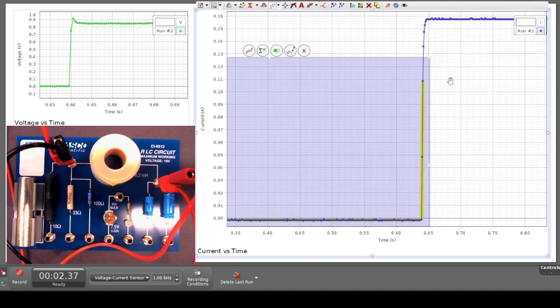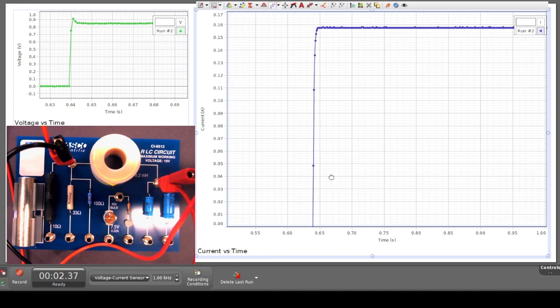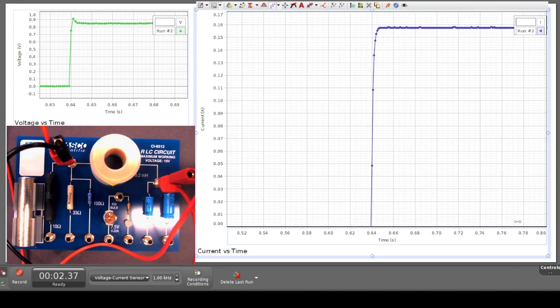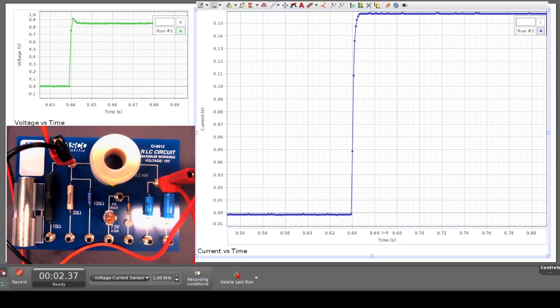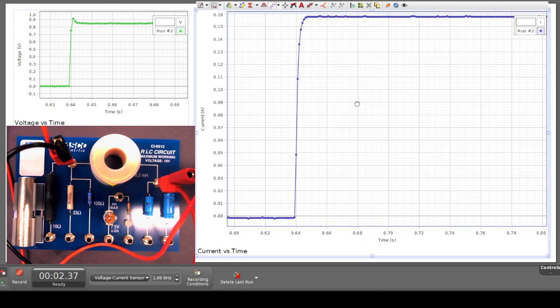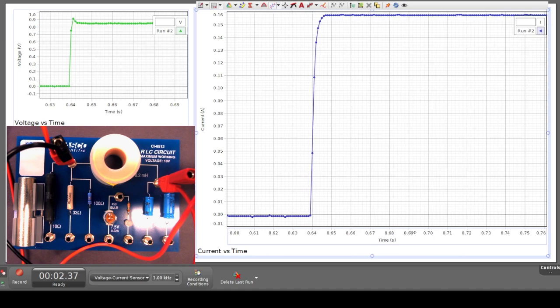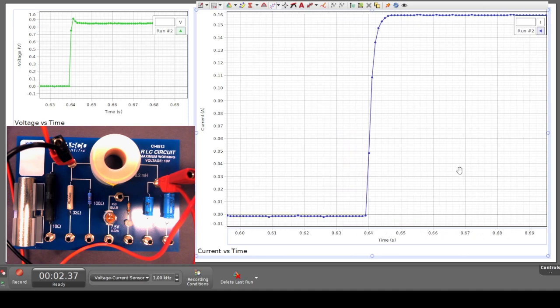There we go. A little bit more interesting, but you'll see that even though it's doing exactly what we talked about in theory, it's incredibly fast. Look at that curve there. So let's go ahead and take some measurements.